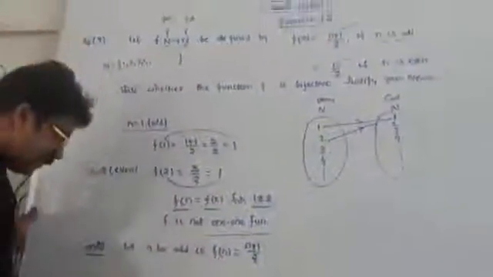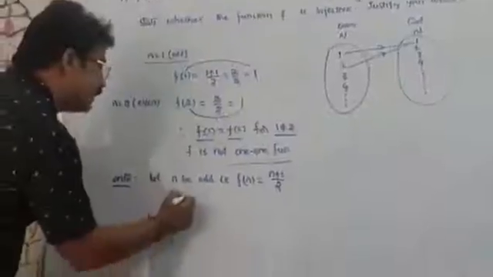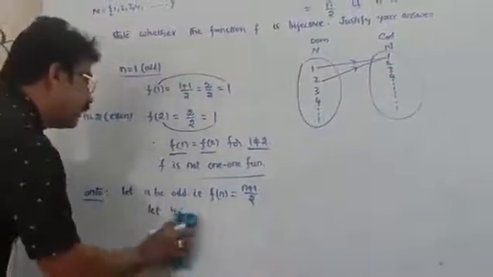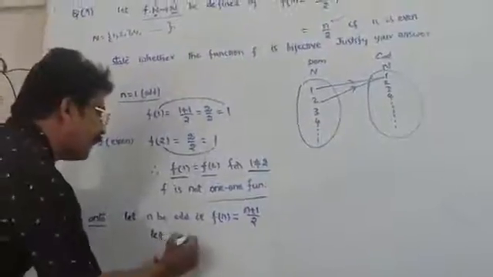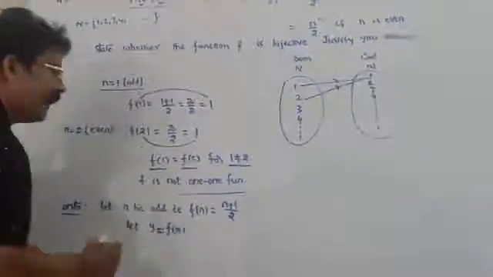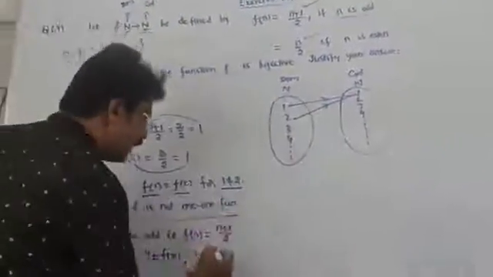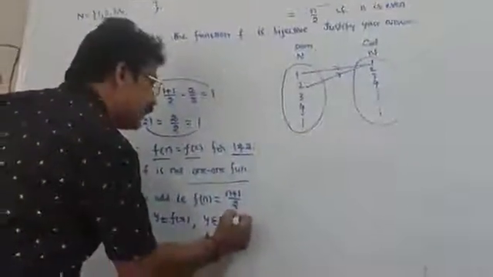So, as usual according to procedure, let y equal to f of x, y belongs to codomain N, capital N. Here N is codomain.